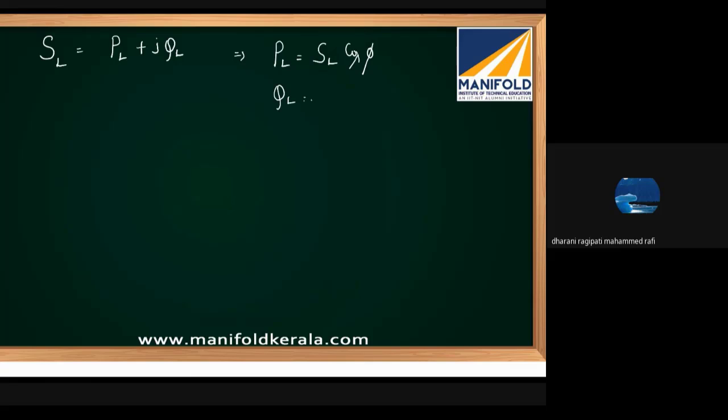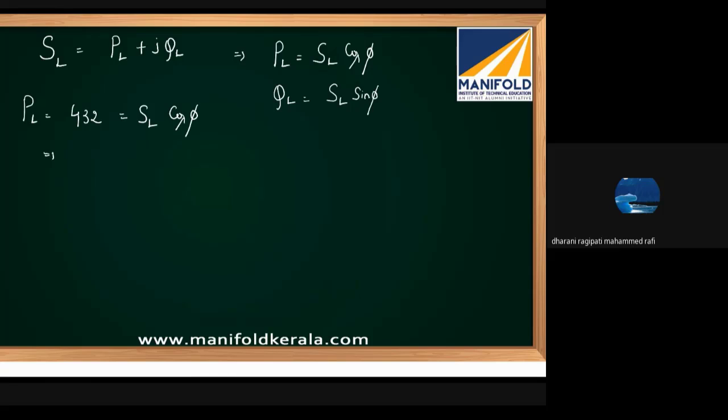Similarly, QL magnitude will become SL sin phi. So here we know PL is equal to 432, which is equal to SL cos phi.